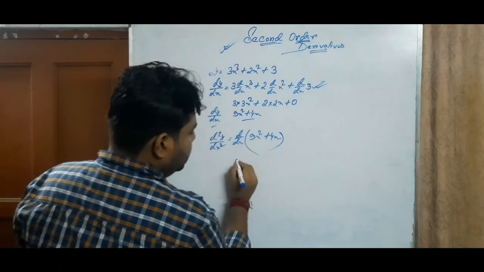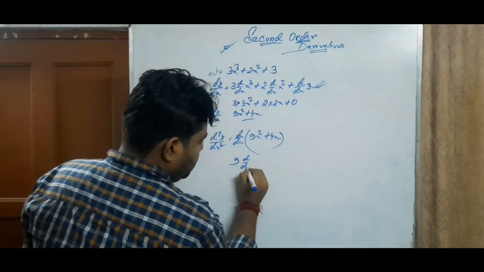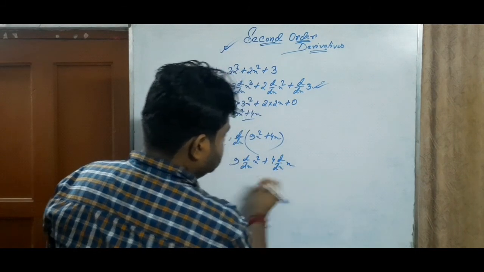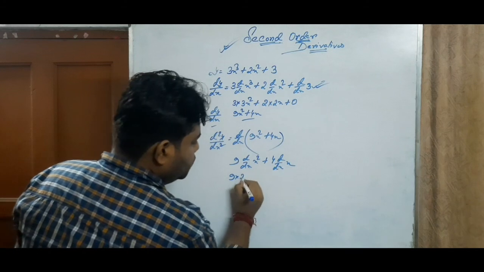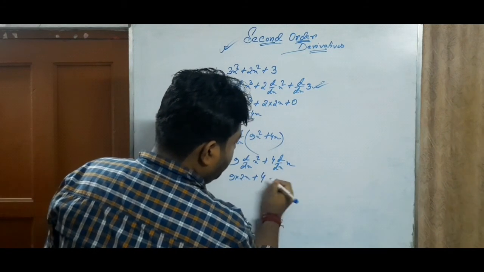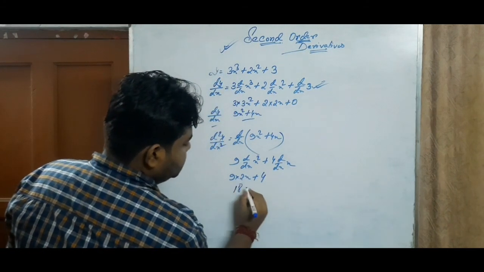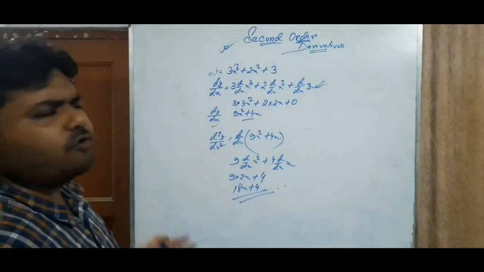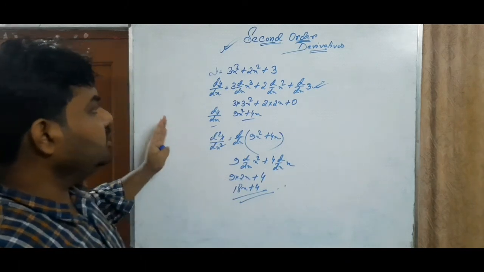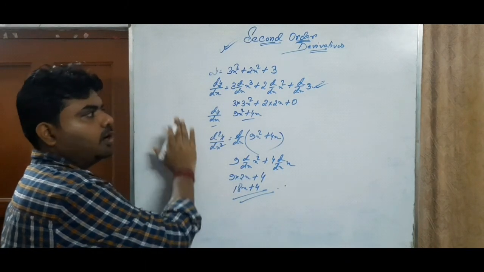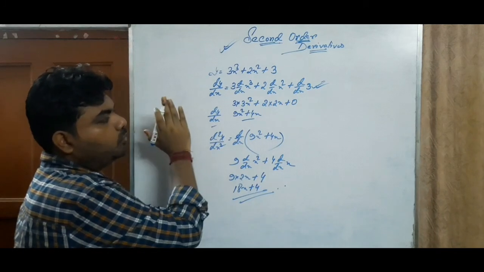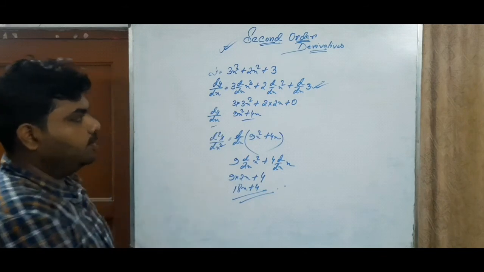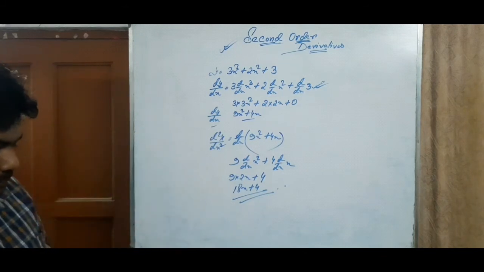Again 9 d/dx of x square plus 4 d/dx of x, that is 9 into 2x plus 4, that is 18x plus 4. This is the second order derivative. As simple as that. No new formulas. What we knew in the previous video, the formulas of derivative, we just apply those. No new formulas we have to learn. So you may copy it down.